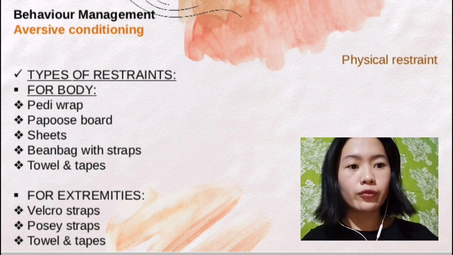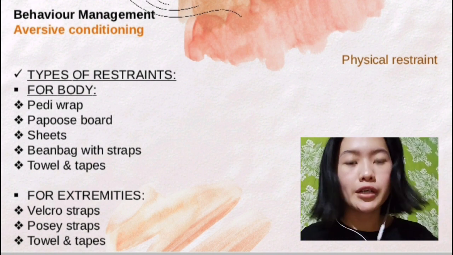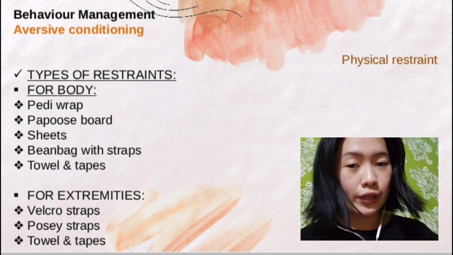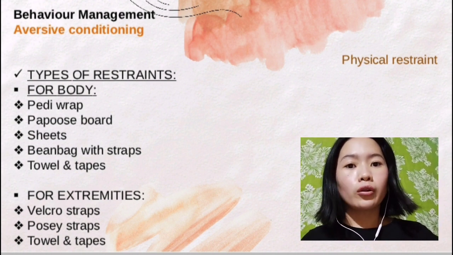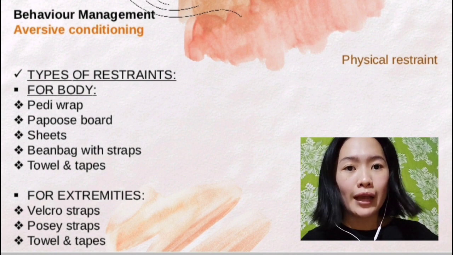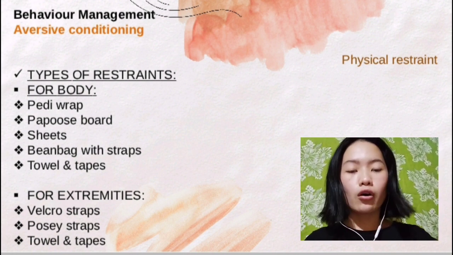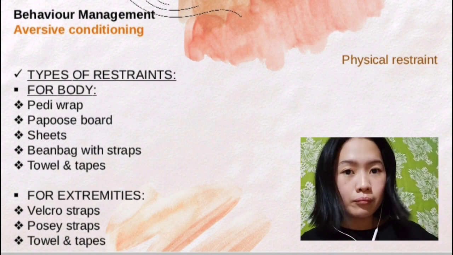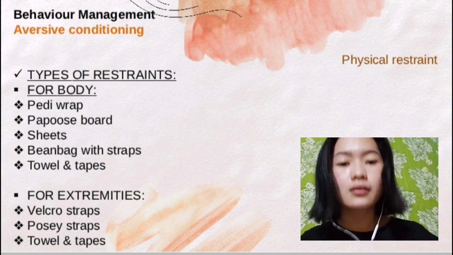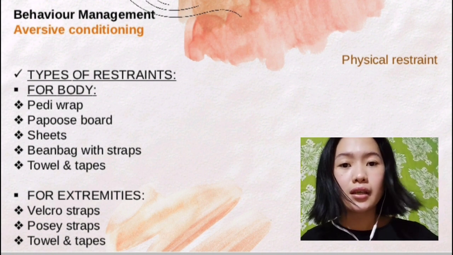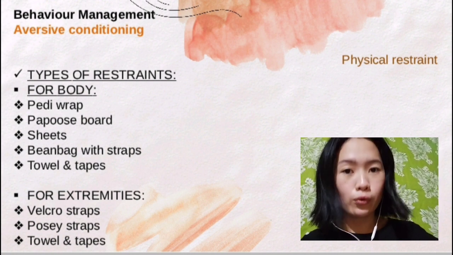Types of restraints for the body: we have the pedi-wrap. A restraint is a measure or condition that keeps someone or something under control or within limits. The pedi-wrap is also called a pediatric arm immobilizer. It is the most widely used pediatric arm immobilizer, allows use of the hands, and is fast and easy to use.